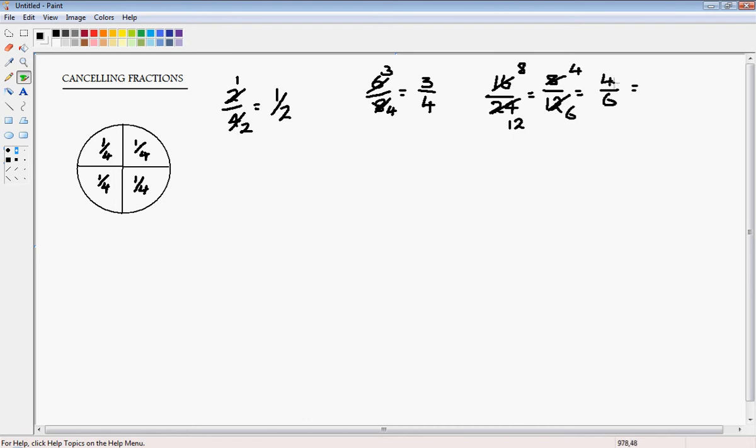Now I know 2 will go into both of these numbers because they're both even. So 2's into 4 goes 2, and 2's into 6 goes 3. So I'm left with 2/3. Now I can't divide anything into 2 and 3, so this would be my final answer.